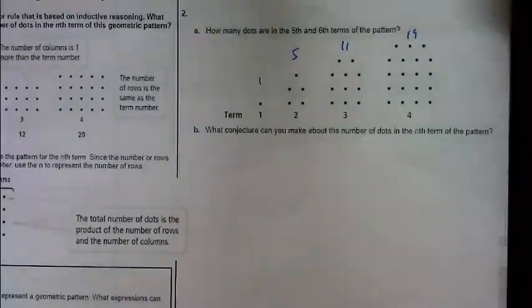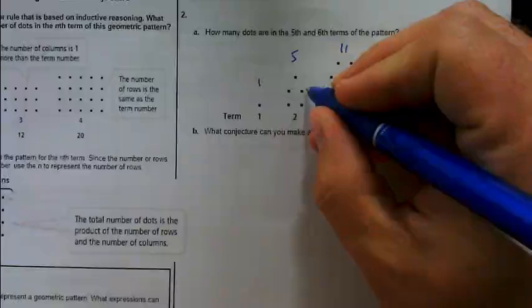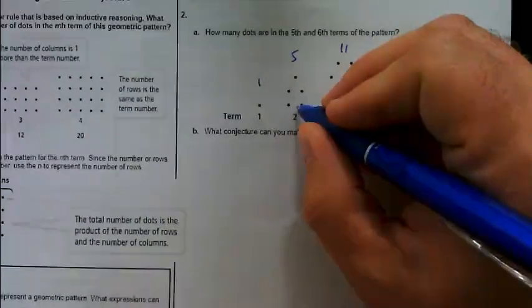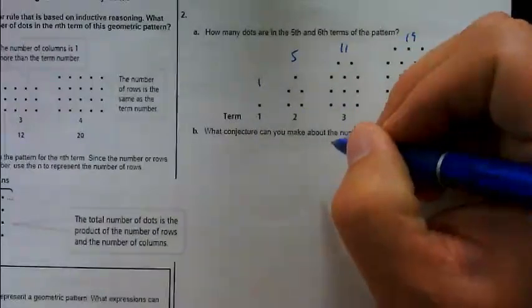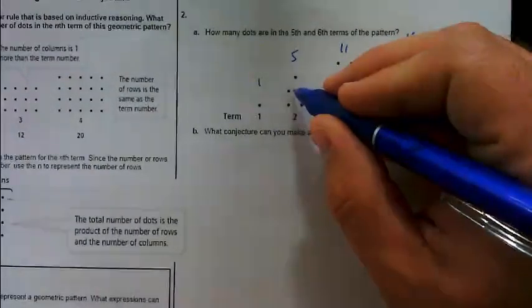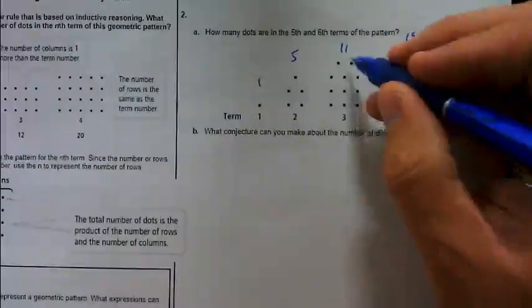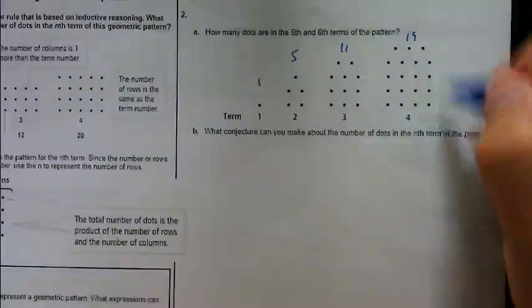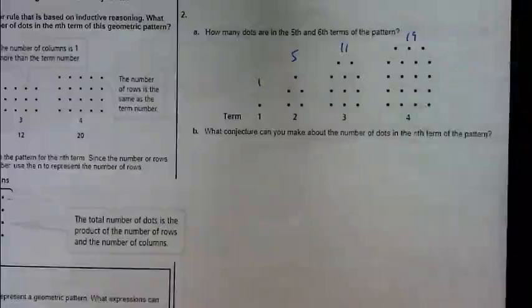Two squared plus 1. So it feels like it's doing the squared part of the numbers and adding the last number. Okay. So we have 2 squared plus 1, 3 squared plus 2, 4 squared plus 3.